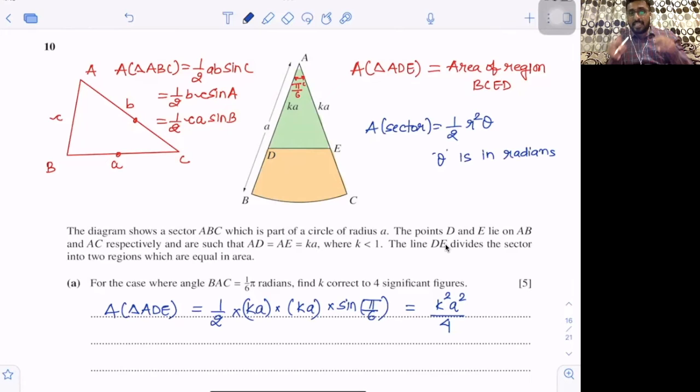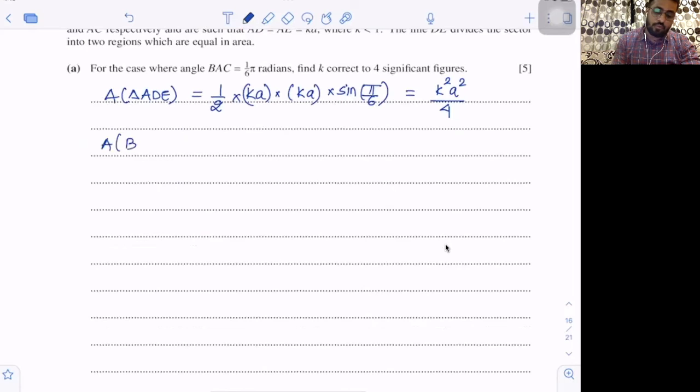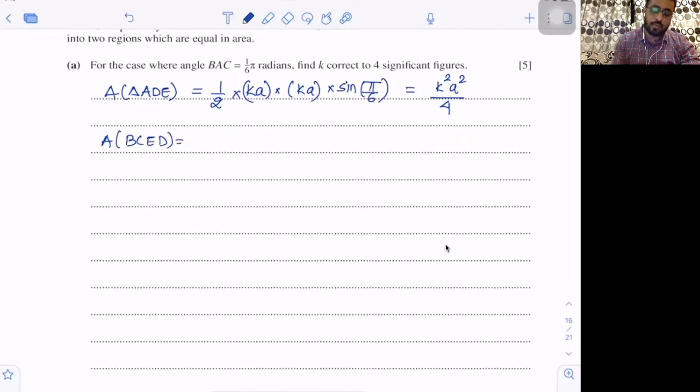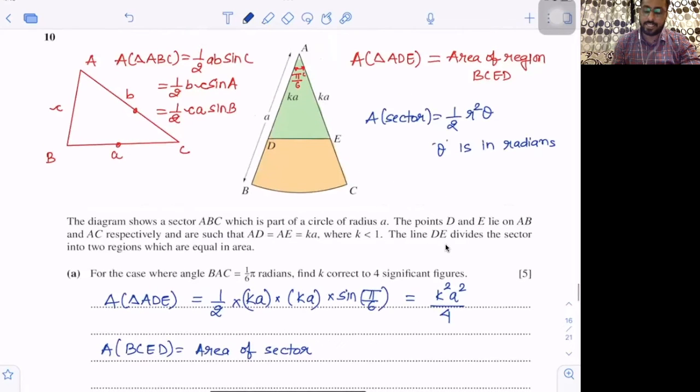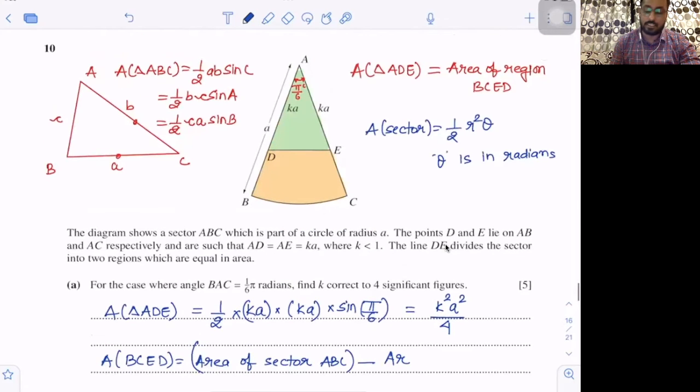Now from this sector, if I remove the triangle, will I get the area of the region BCED? So I can say area of BCED will become equal to area of sector. What's the name of the sector? It's ABC, area of the sector ABC, minus area of the triangle ADE, right?